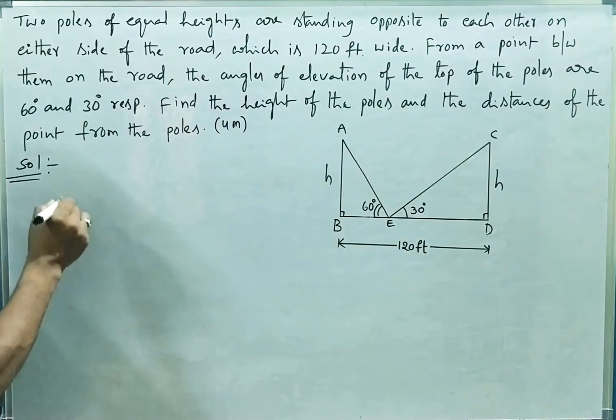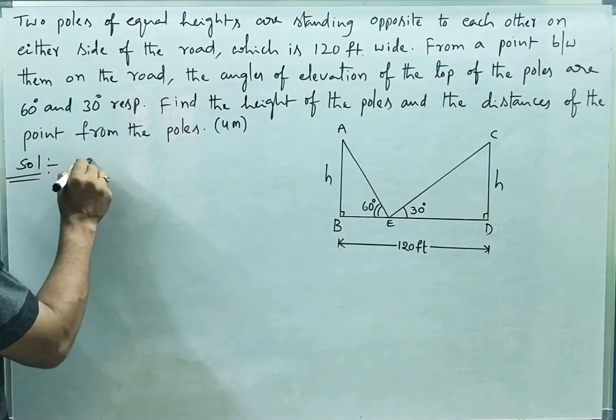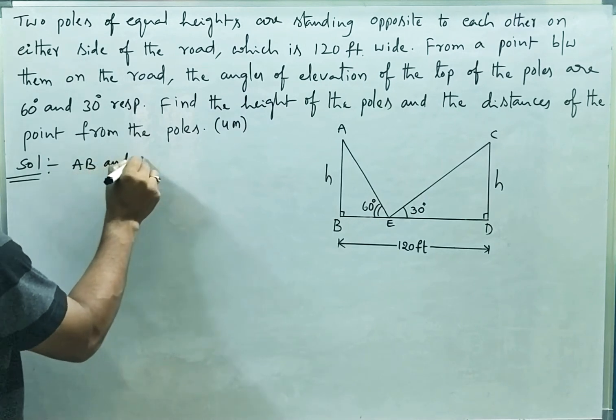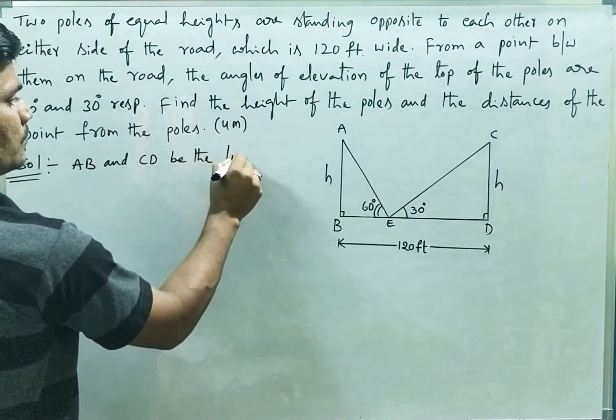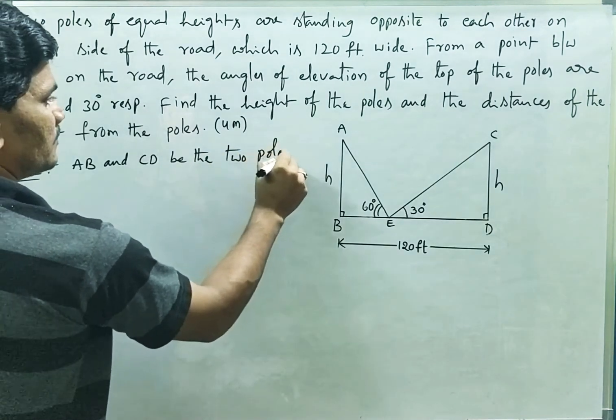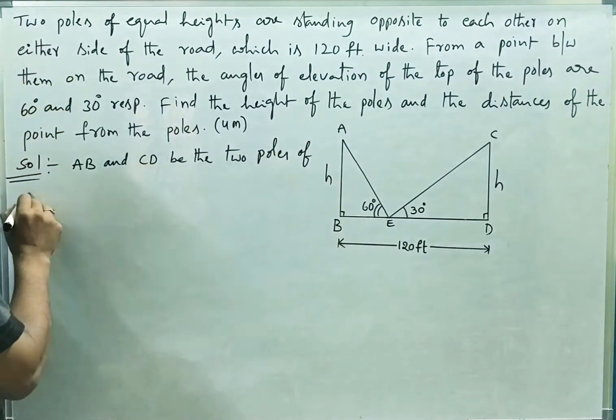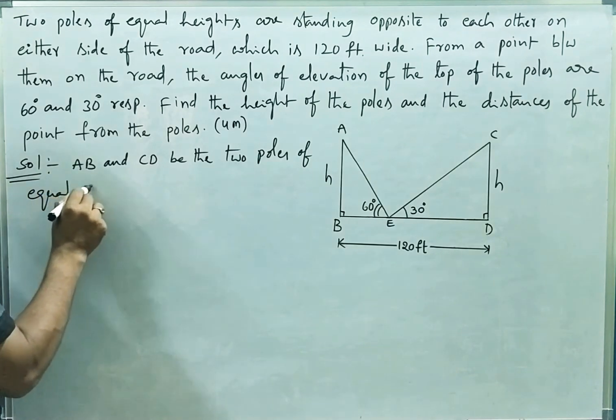Let us write: AB and CD be the two poles of equal heights.